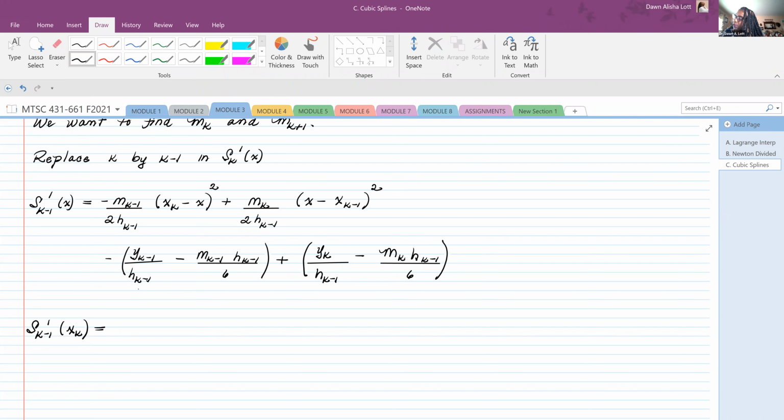So I simply get M_k over 2h_{k-1}, and then I'm going to get x_k minus x_{k-1} squared, minus this other stuff.